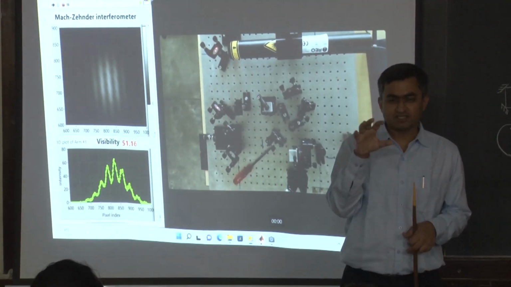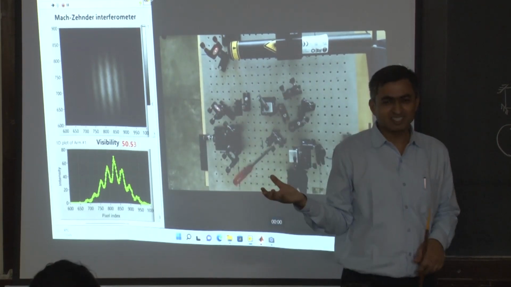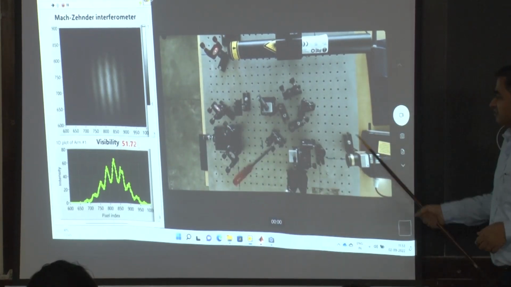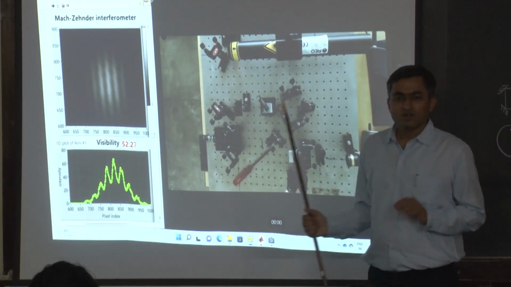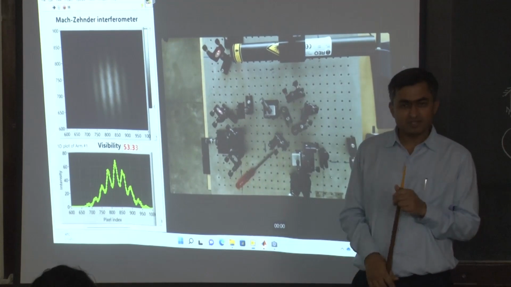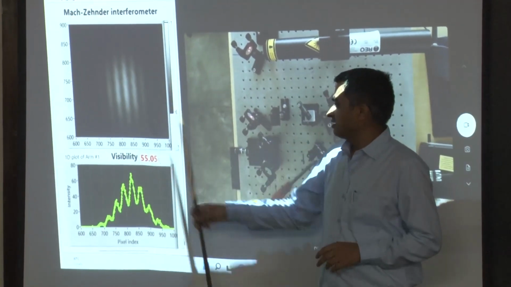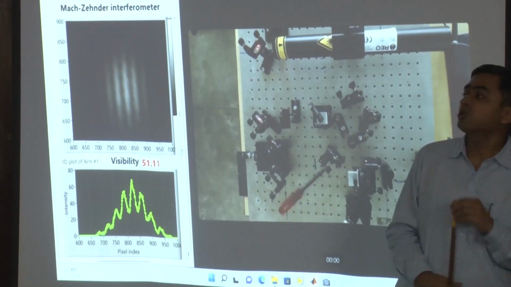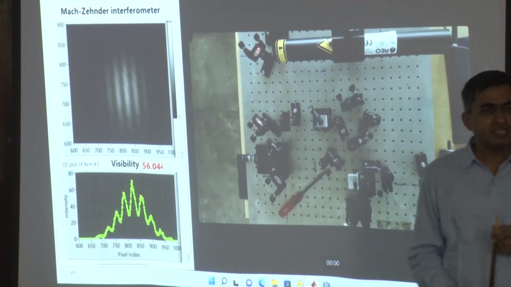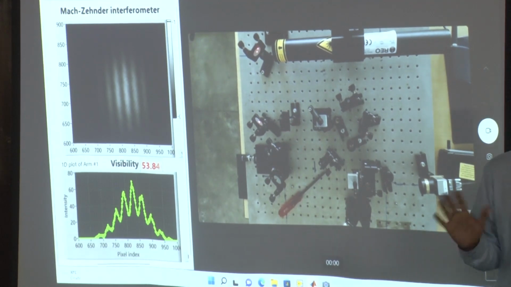So you'll have a dot structure turning into this nice kind of pattern. So that you'll be convinced that interference happens at the single photon level. Even at high light level, interference happens at the single photon level only, and we have discussed that the classical explanation, although it works at high light level, is fundamentally incorrect, and the quantum is the correct description, which works at any light level, by the way.